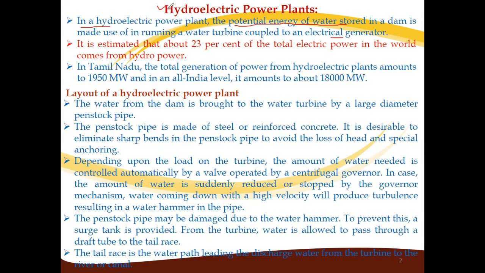It is estimated that about 23% of the total electric power generation in the world comes from hydroelectric power plants, or hydropower plants. In India, in Tamil Nadu, the total generation of power from hydroelectric power plants is almost 1950 megawatt, and at the all-India level, it is 18,000 megawatt.